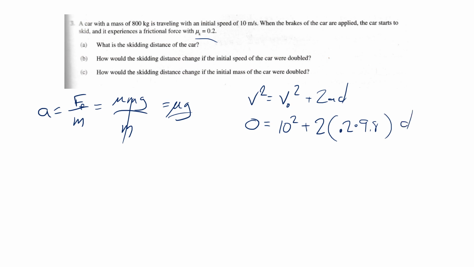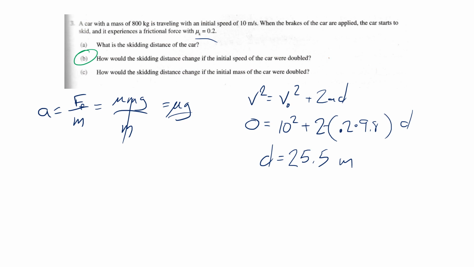We're solving for d. Maybe the signs bother you. Your acceleration is negative because you're accelerating the opposite direction as you're moving. Either way, doing some solving here, your distance is going to equal 25.5 meters. Easy.